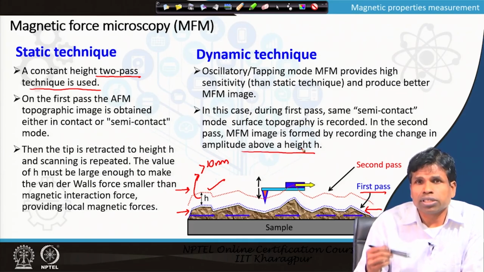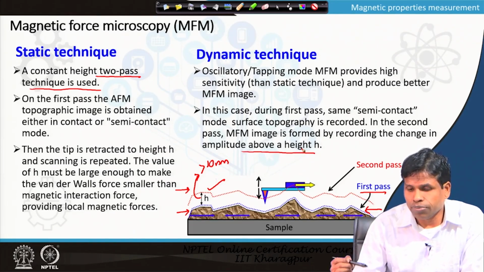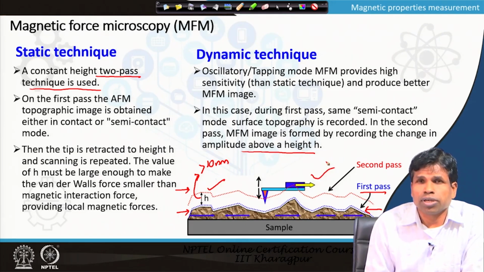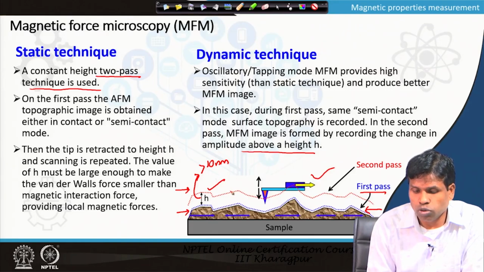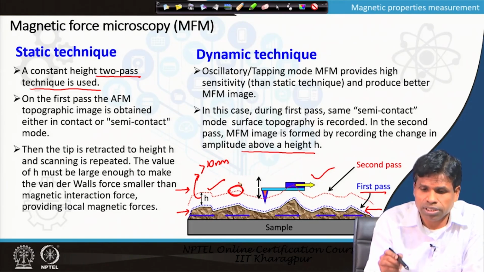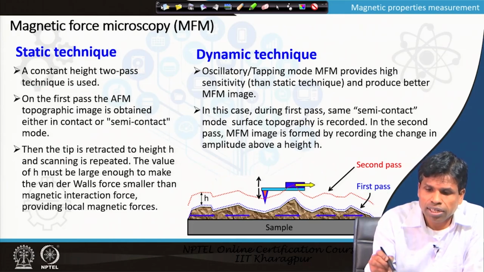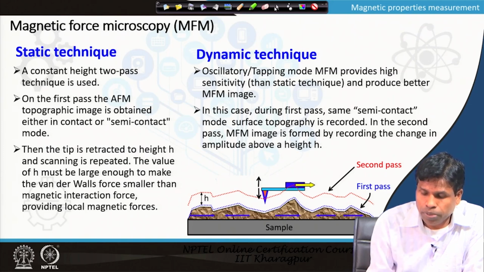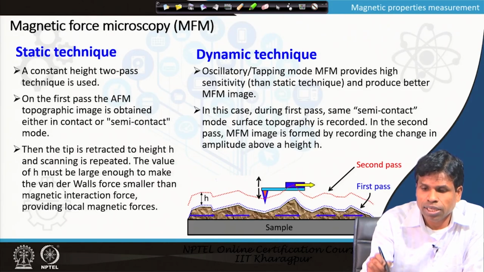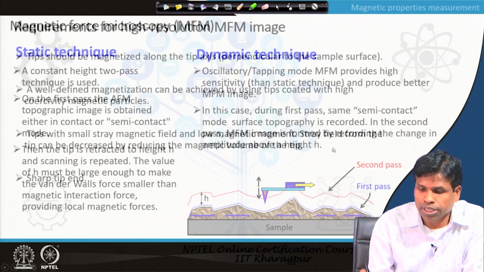In the second pass the oscillation of the tip is made, and then we study the amplitude and frequency of the oscillation, which is due to the stray magnetic field of the sample surface. And in this way we can collect the magnetic field or magnetic regions of this specimen, thereby giving the MFM image.